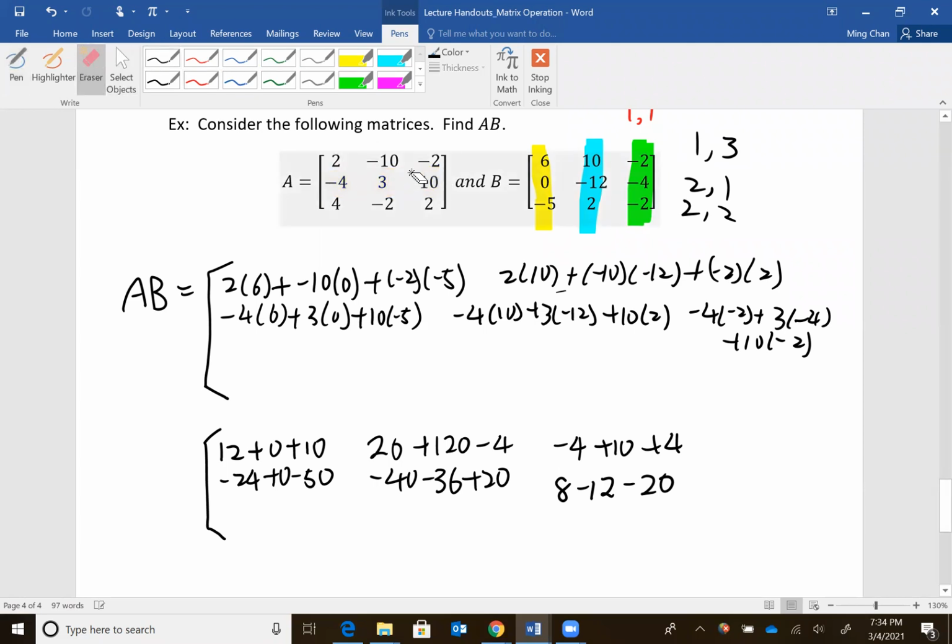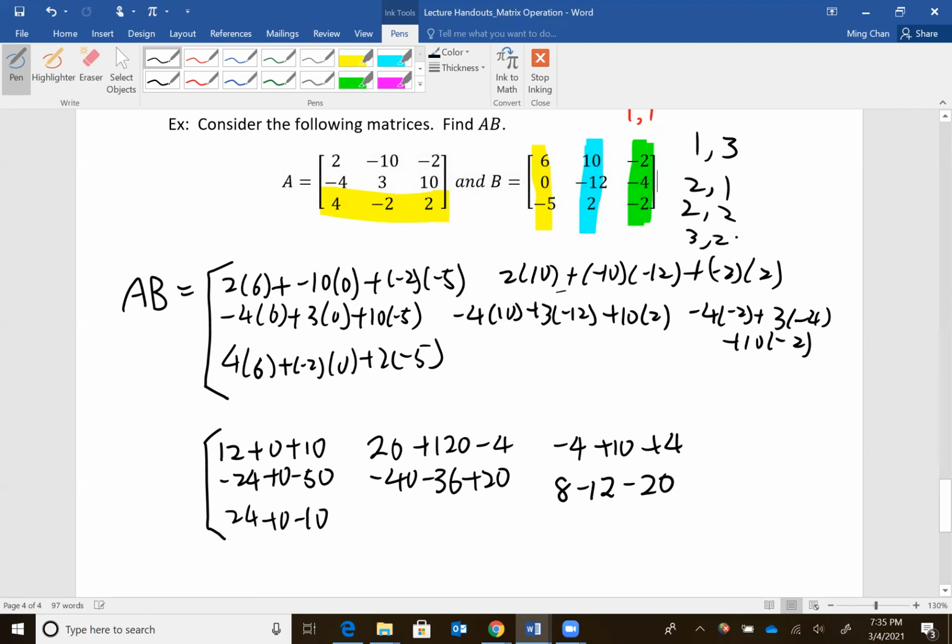Okay, let's go to row 3, column 1. 4 times 6 plus -2 times 0 plus 2 times -5. So that should be 24 plus 0 minus 10. Row 3, column 2 will be this position right here. 4 times 10 plus -2 times -12 plus 2 times 2.